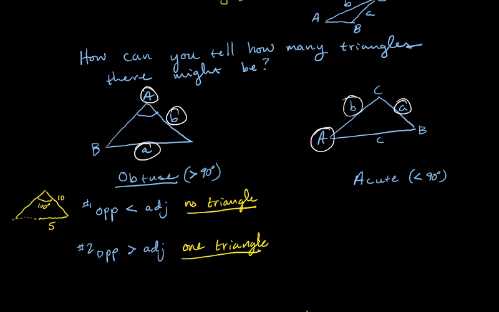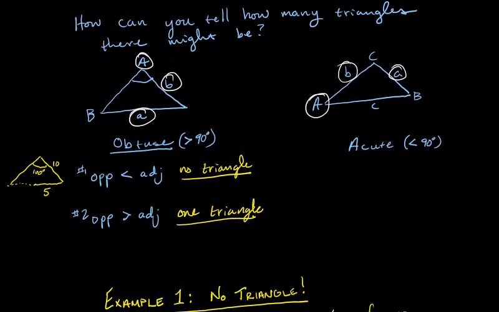Well, in that scenario, you're going to have two options again. Either the opposite side can be less than the adjacent side. If the opposite side is less than the adjacent side, you'll have this scenario where you can have either 0 triangles or 2 triangles.